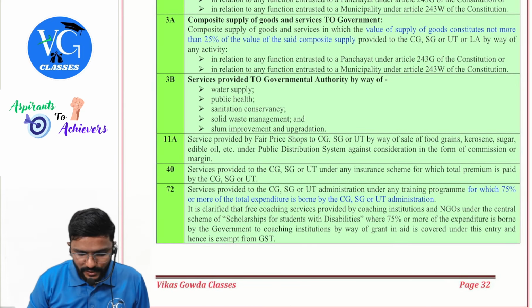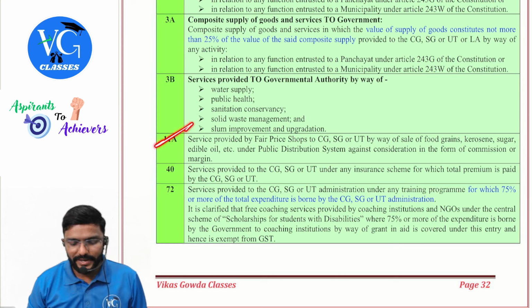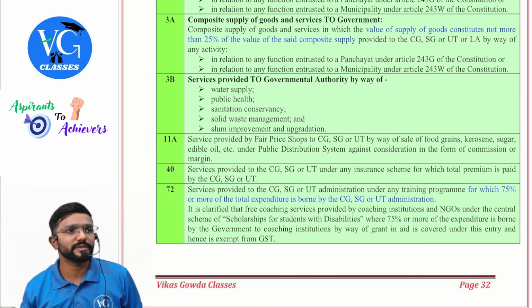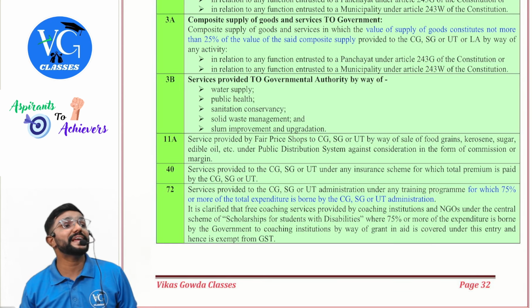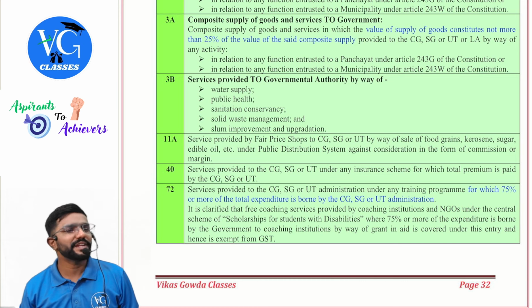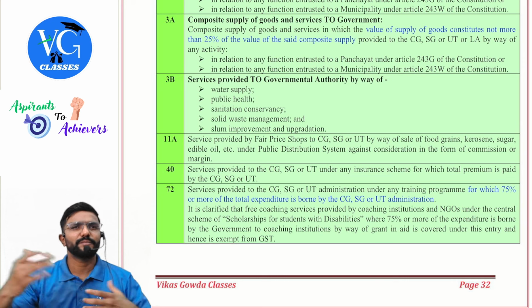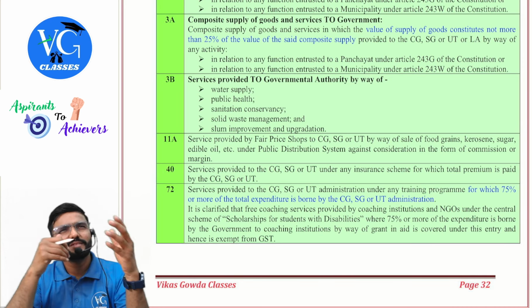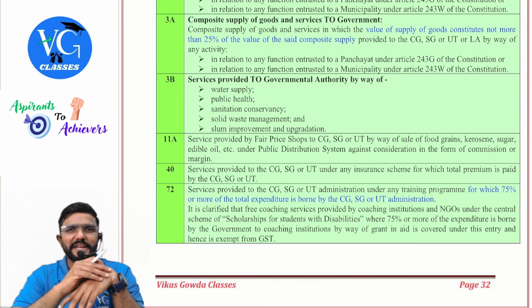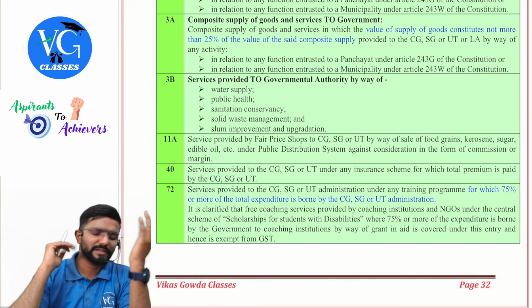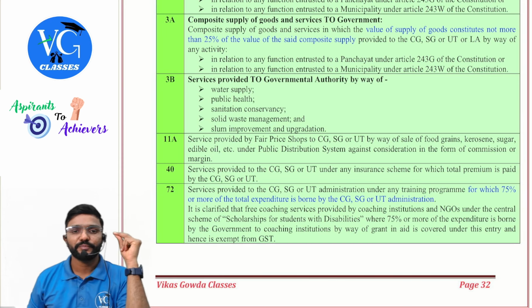11A. Services provided by fair price shops, which you guys would be knowing, Nyaya Beli Angadi. Clear, where you get the grains for a very lower price, but you should be eligible for that criteria, like a BPL card or whatever conditions the government has.